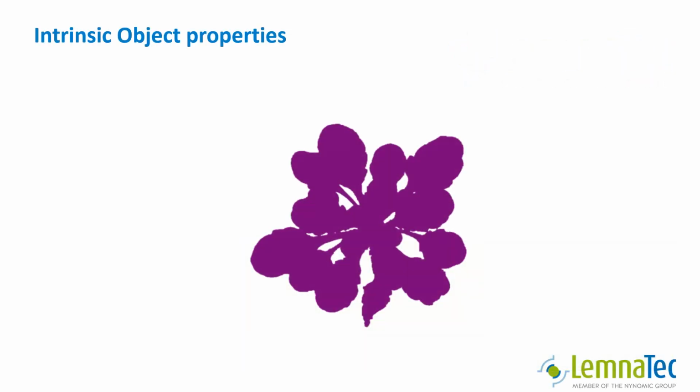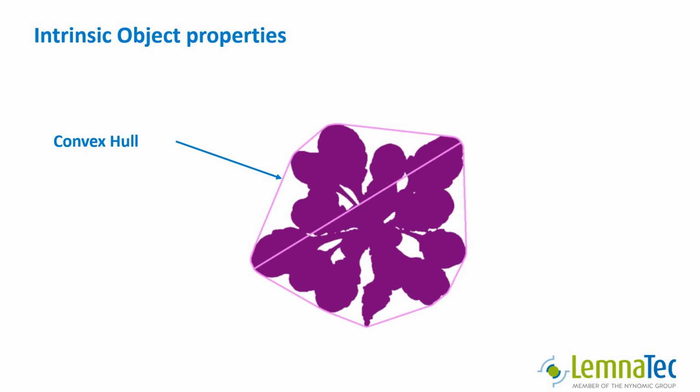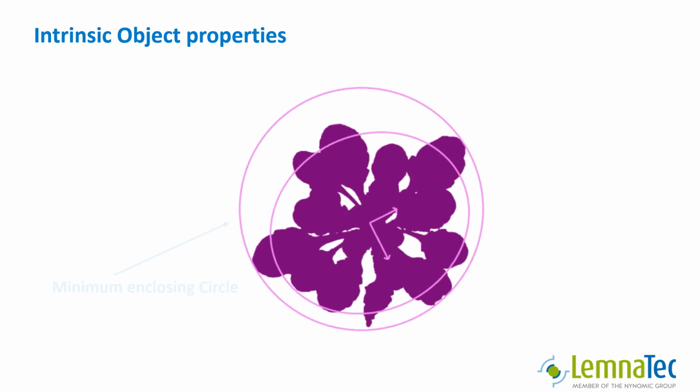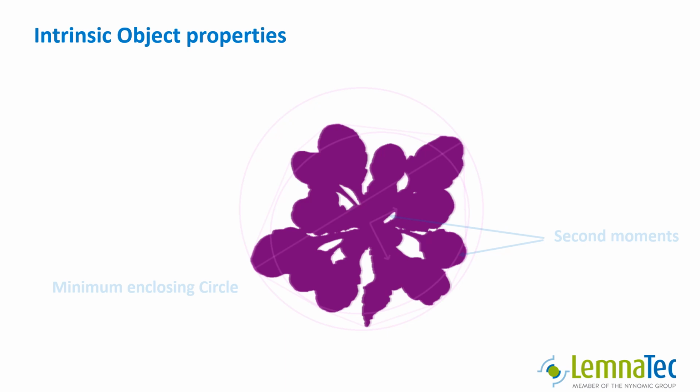In the previous videos about LemnaGrid, we converted our segmentation-based binary image into objects, and this automatically calculates certain properties of these objects. Properties like area, convex hull, caliper length, minimum and closing circle radius, second moments, but also compactness, roundness, and so on.